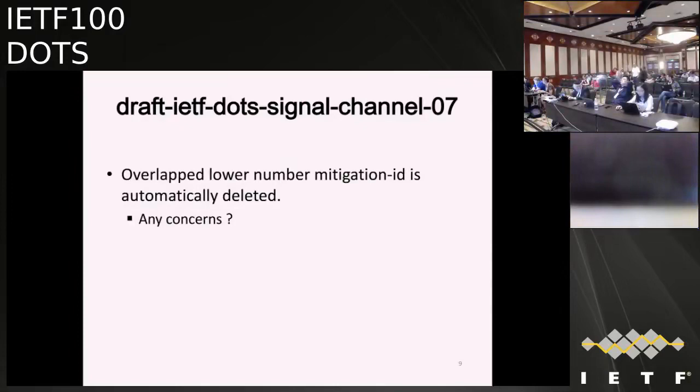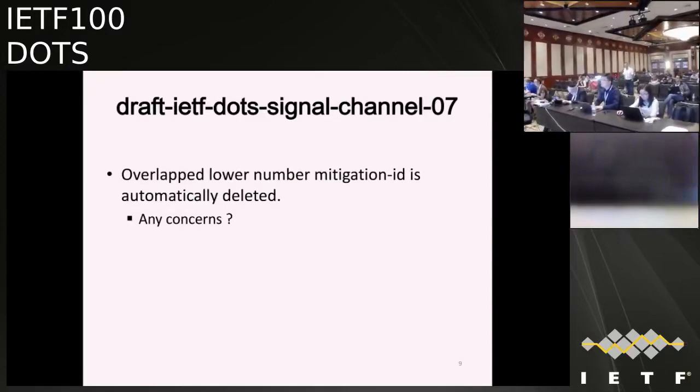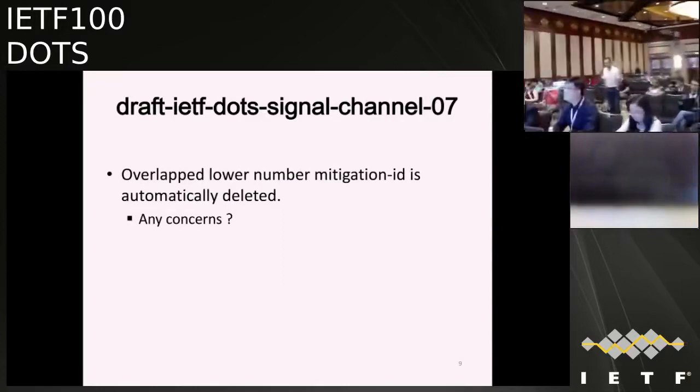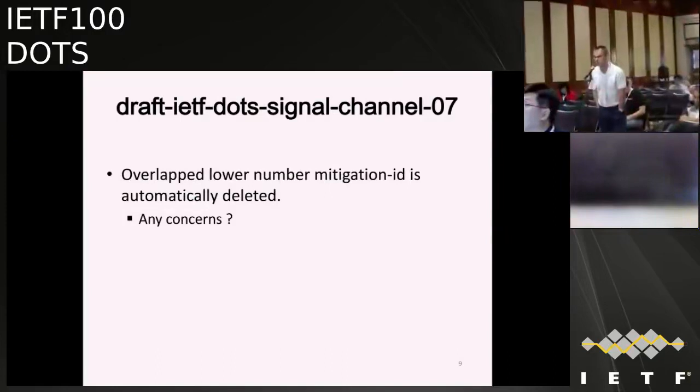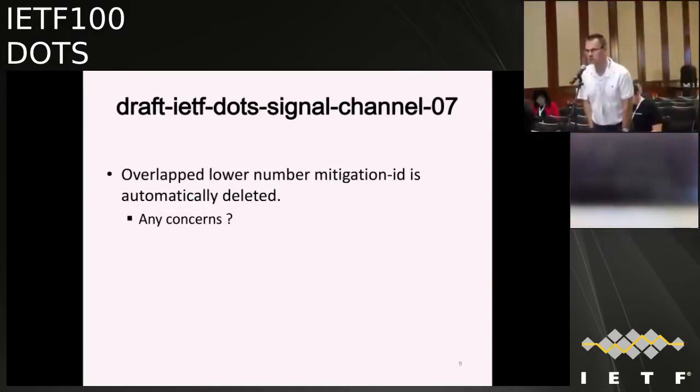Okay, so we have Flemming, and then we have Roland in the queue. Flemming Andreas. One question for clarification, and maybe you just answered this, but does this apply between requests from different DOTS clients potentially? This is not just on a per DOTS client basis? It's per DOTS domain, not per DOTS client basis.